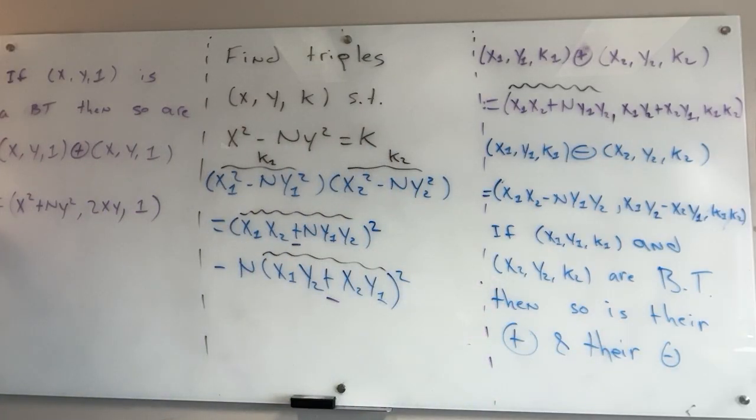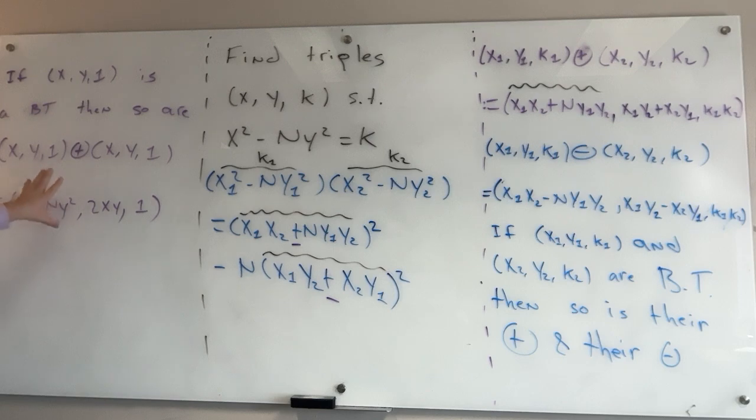Okay, so if we have two non-trivial triples like this, we can create another triple, and of course we can do things like compose this with itself, compose it with that, and get an infinite number of triples this way. Every time we do this, we're going to get a bigger and bigger triple. These numbers are going to grow bigger and bigger, but this is going to stay 1.